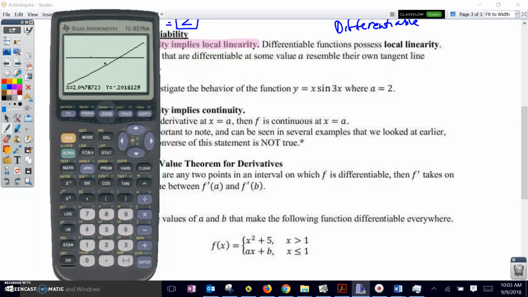Okay? Now I'm going to go back to my standard window, and I'm going to graph on top of this the tangent line, which I took the time to find.